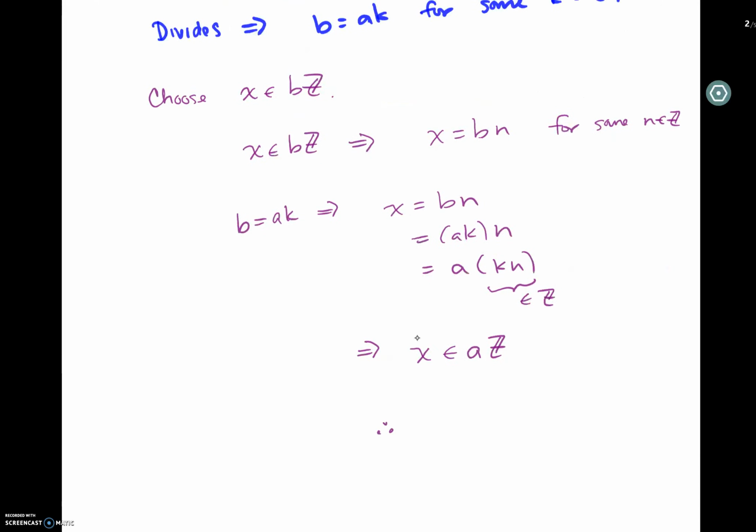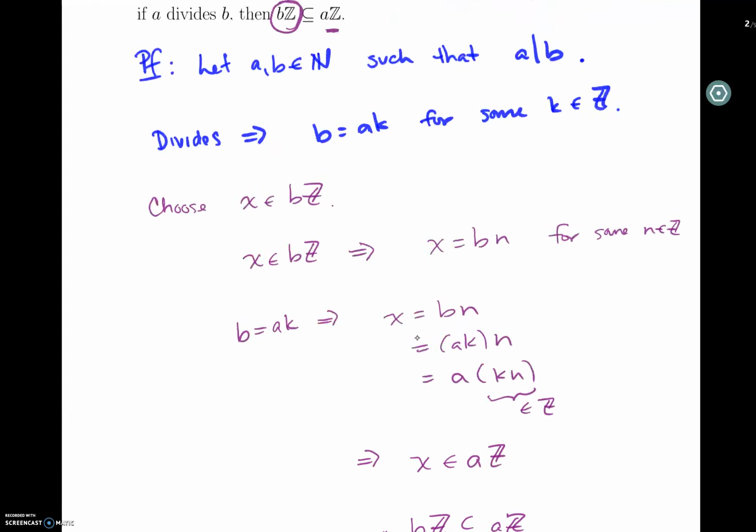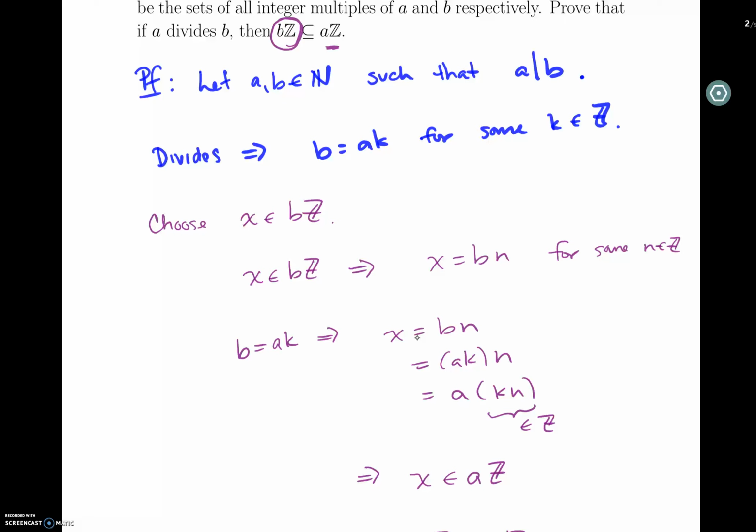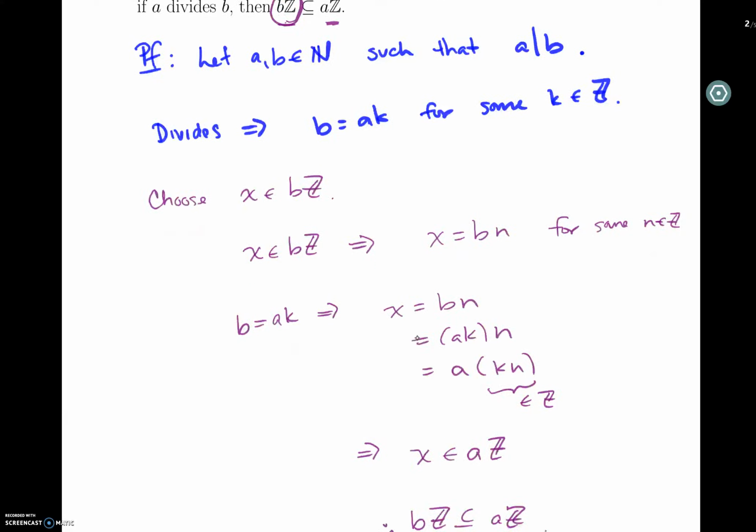Therefore, we can conclude that bZ is a subset of aZ. This is often called an element chasing argument because we pick one element in one set, in this case bZ, and we chase it until we find that it also lives in the second set aZ.